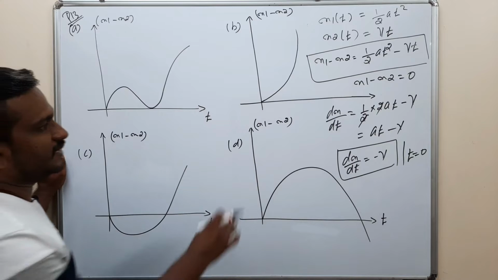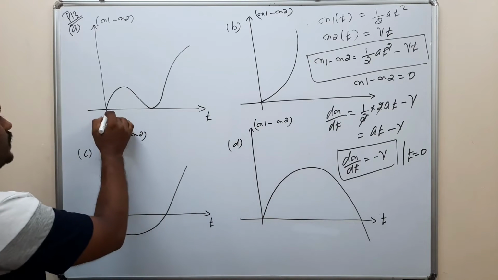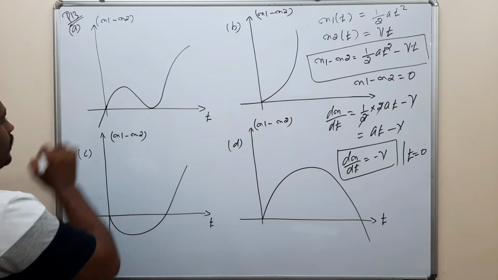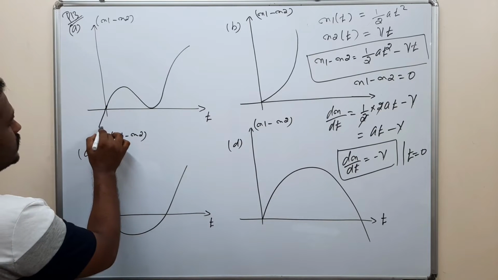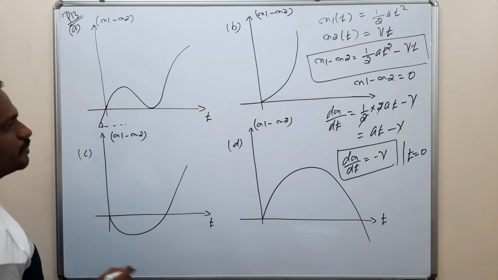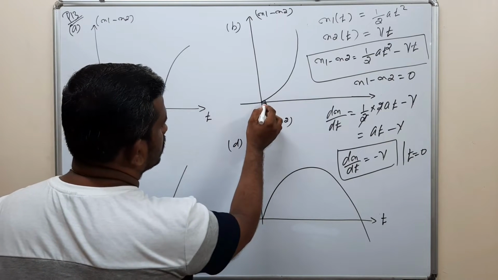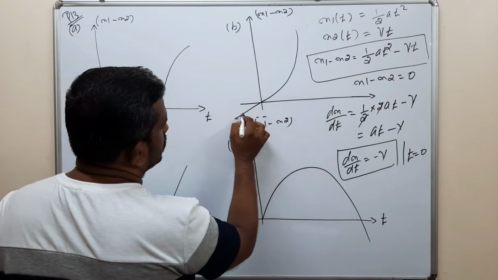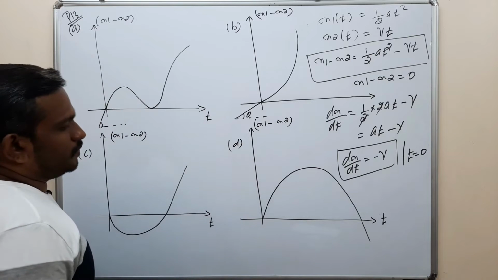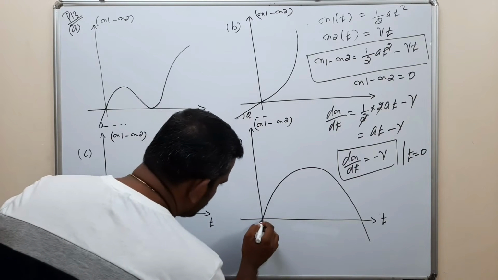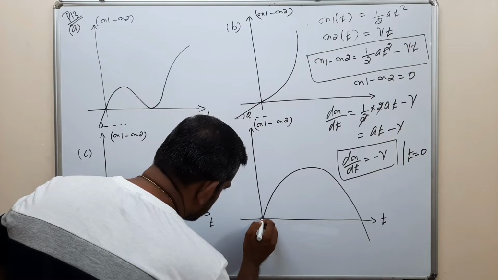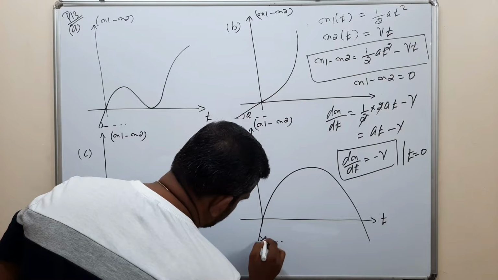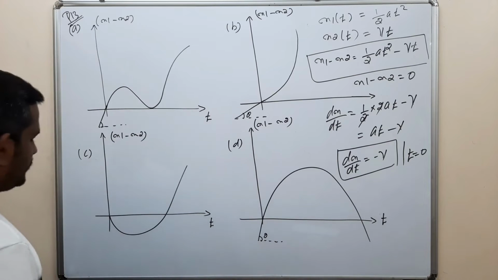So draw the tangent at time t is equal to 0. Drawing the tangent here gives a positive slope. At this position, draw the tangent; here also the slope is positive.